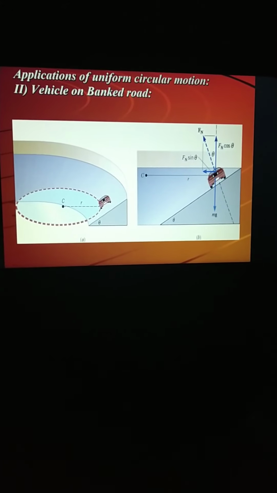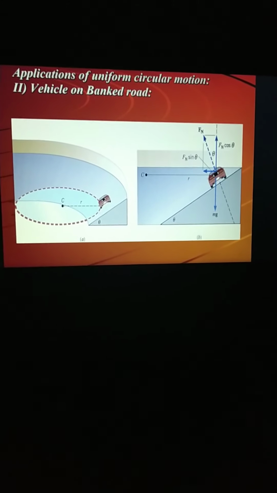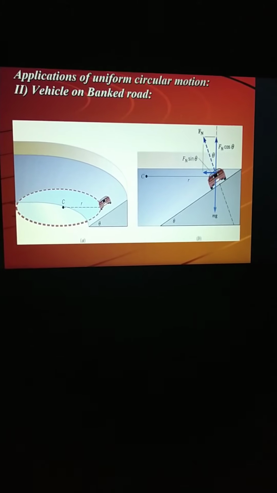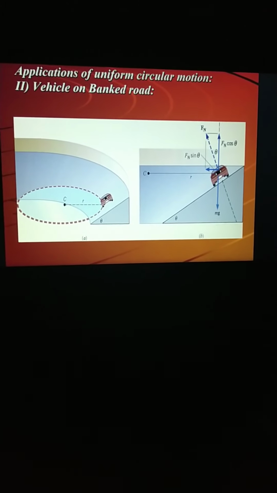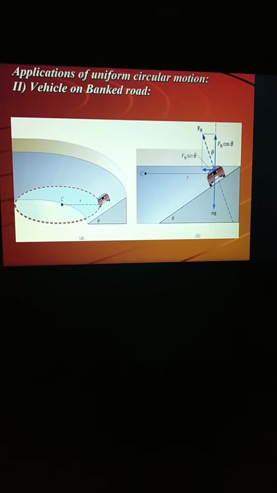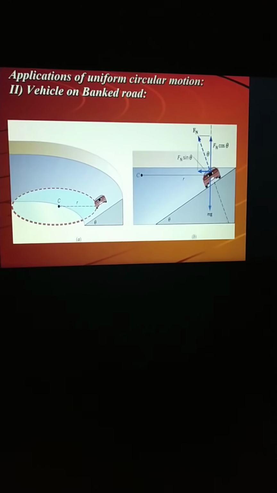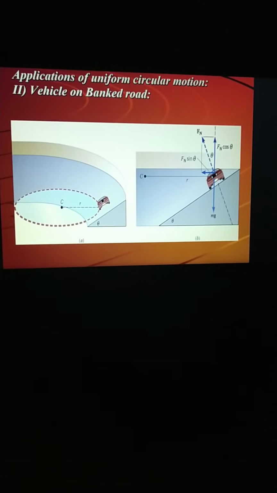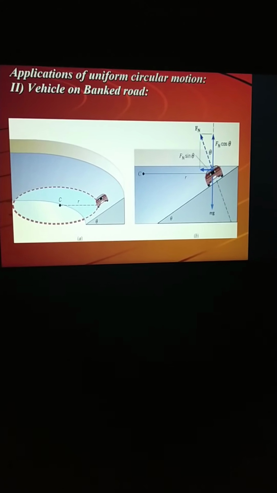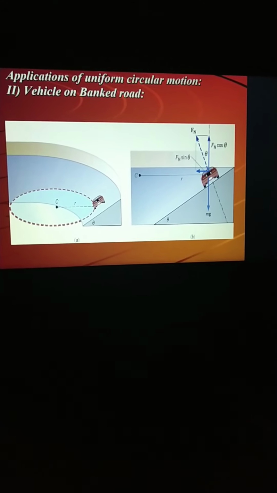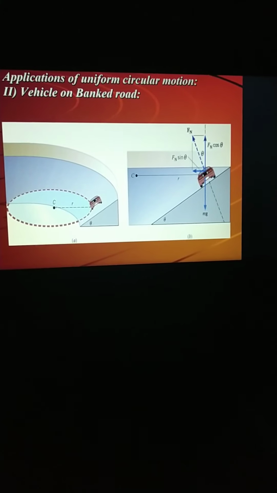Suppose C is the center of the curve, R is the radius of the curve road, and this curve road is elevated by angle theta, the angle of banking. As the vehicle is now on the inclined surface, you can observe that all the components of the forces will be shifted by the value theta.